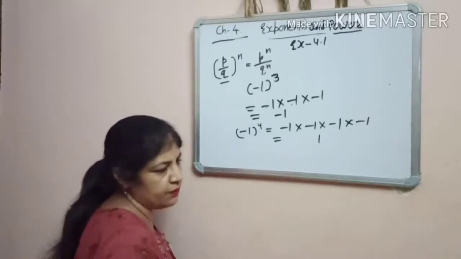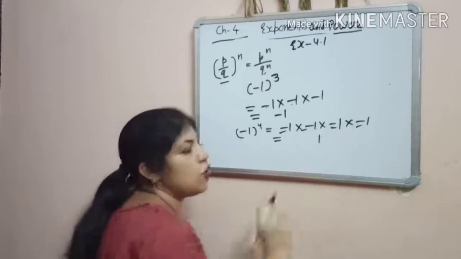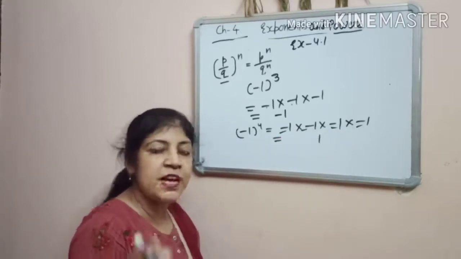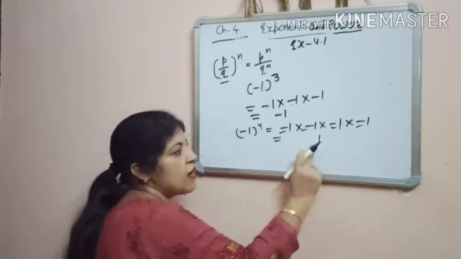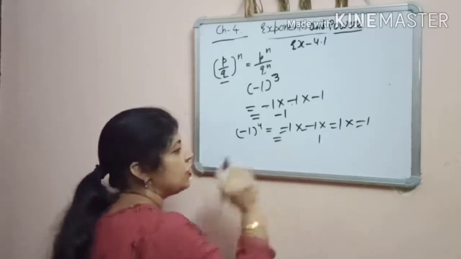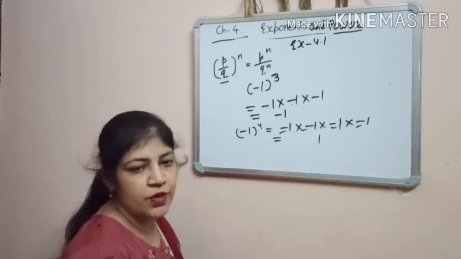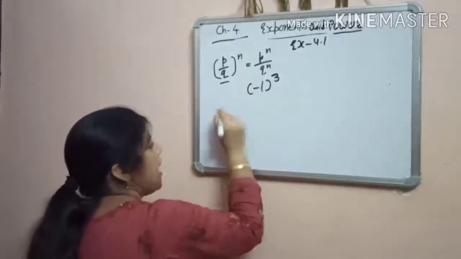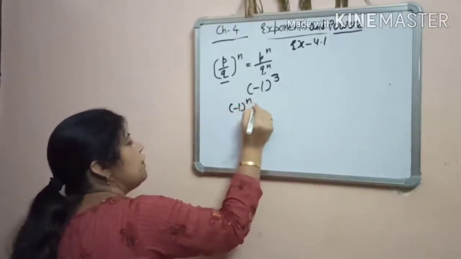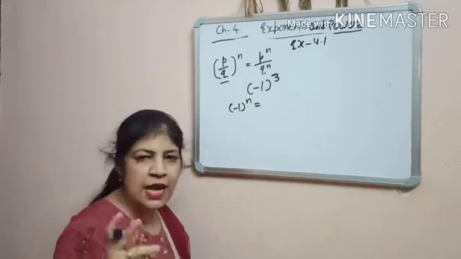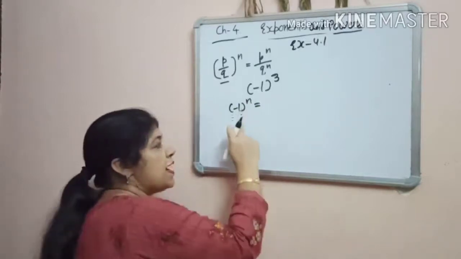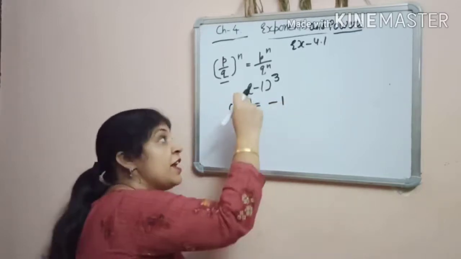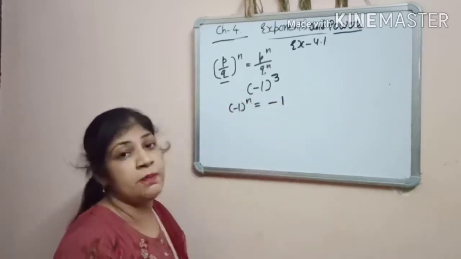Now come to the sign. Now here the minus sign is 4 times, meaning an even number of times. When the minus sign is multiplied an even number of times, then the sign of the answer will be plus. So it will be plus. So from here you can conclude that minus 1 raised to the power n, n may be odd, n may be even. Minus 1 raised to the power n is equal to minus 1 when n is an odd number.